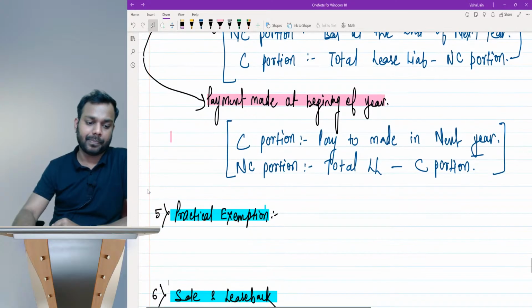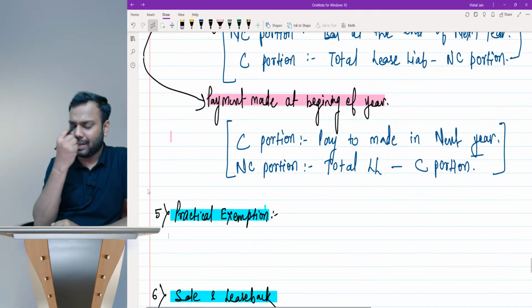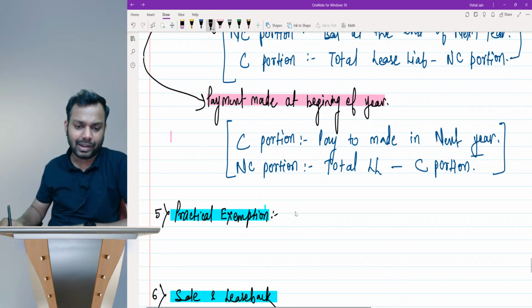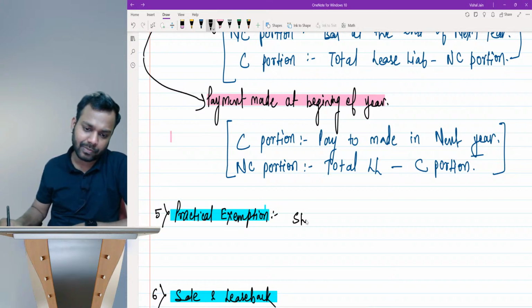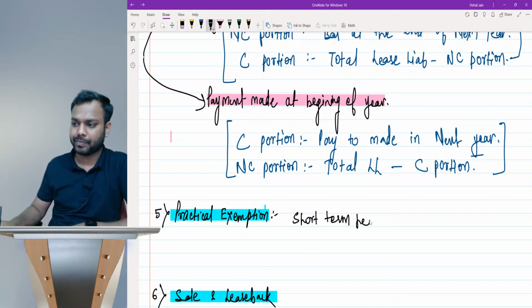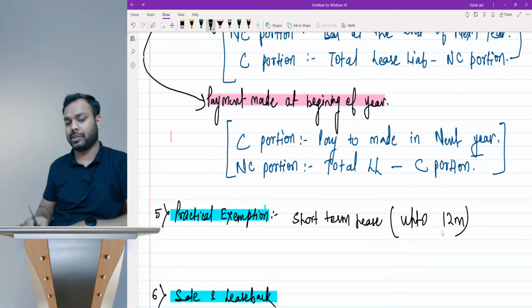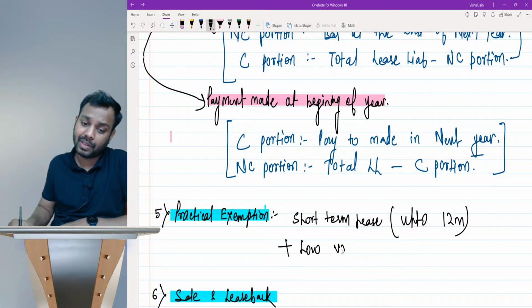Now, practical exemption. Guys, we must understand that the lessee is given practical exemption. What? If the lease is of a short-term nature, that is up to 12 months, or the lease is of a low value item like a mobile phone or a laptop.